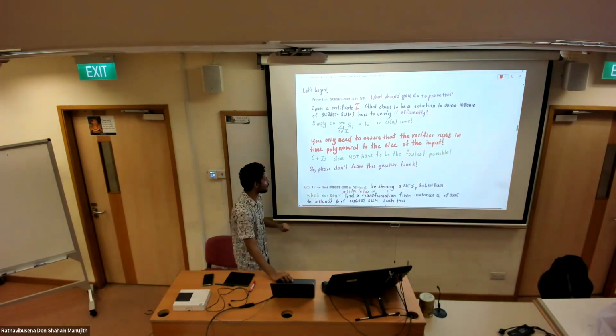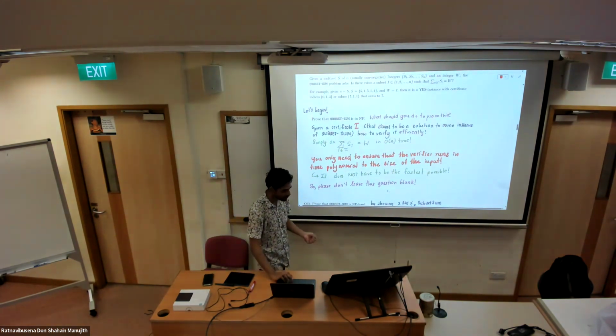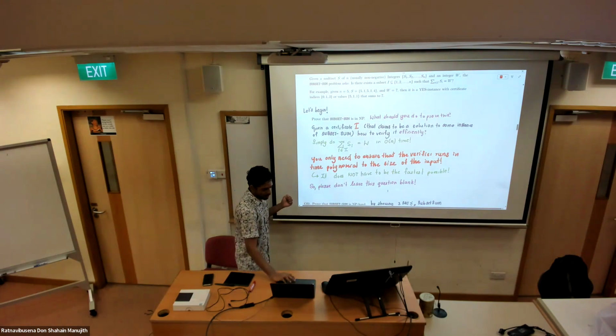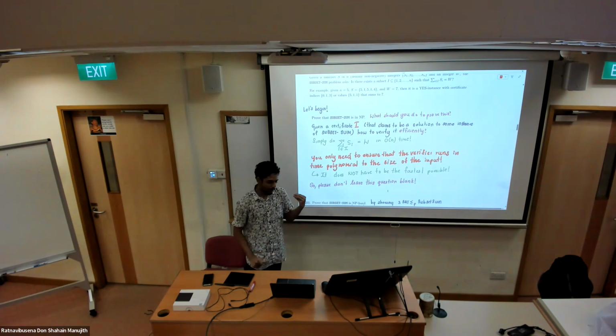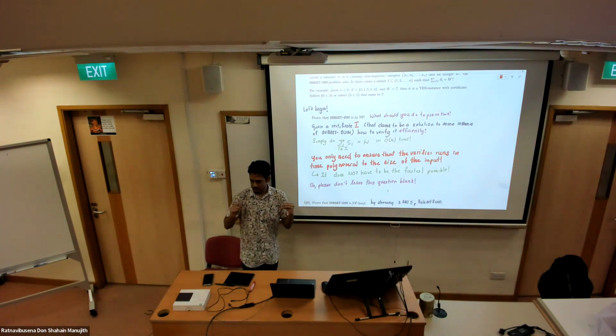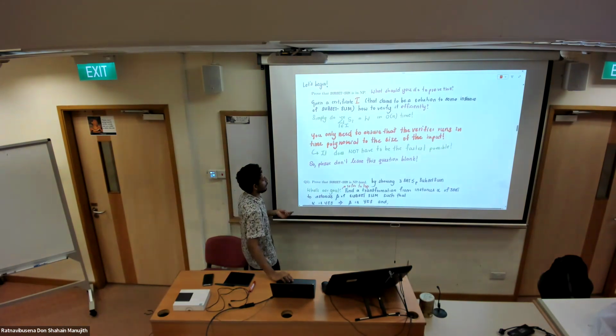Right. Prove that subset sum is NP-hard by showing 3-SAT reduces to subset sum. Now that means given an arbitrary instance of 3-SAT, you need to convert it to an equivalent instance of subset sum, so that using the superpower to solve subset sum, you can solve 3-SAT. So what's our goal?